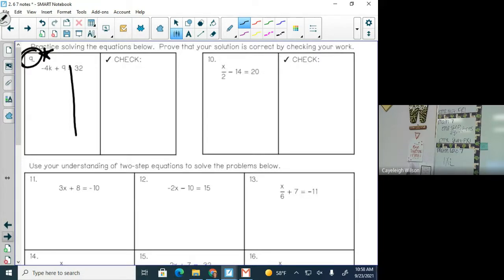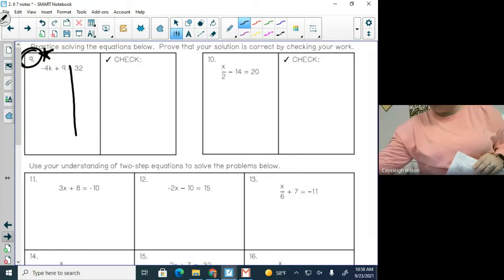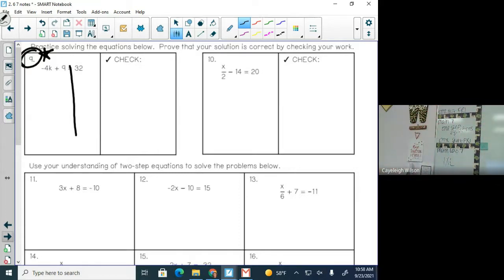Even if you're not 100% sure if it's right or not, we have pencils so we can erase, so just give it a try. You can leave your answer as a decimal or a fraction.